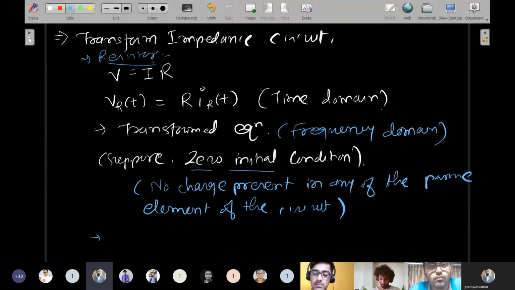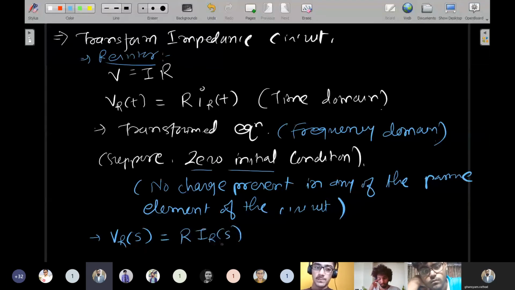So we can write VR, denoted as VR of S, and this equals R times IR of S. That we are all aware about. And here you can write IR of S equal to VR of S upon R.